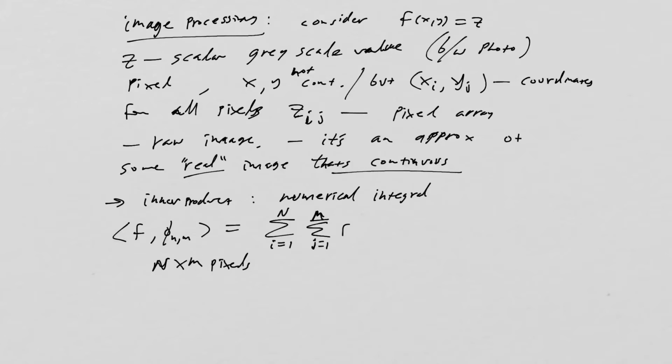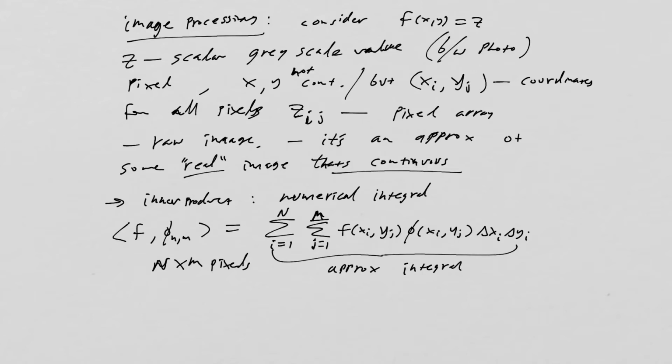Okay, and then you're going to have f of xi yj times phi of xi yj, and then you're going to have some delta xi delta yj there. So this is basically an approximate integral, or what we call a Riemann approximation.